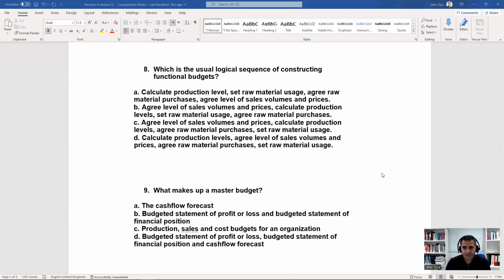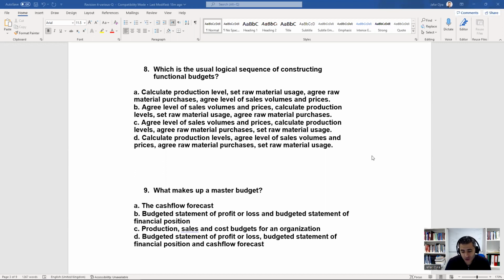Okay, here we go. Question number 8, which is the usual logical sequence of constructing a functional budget? I mean, when it comes to a functional budget, the most likely limiting factor is estimated sales volume, so it is logical to start here.